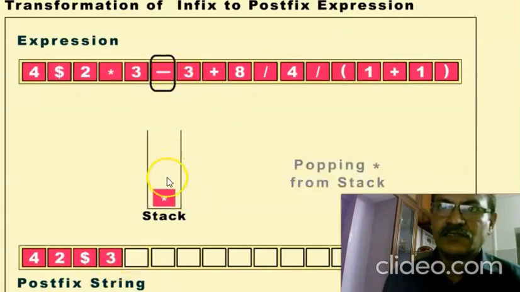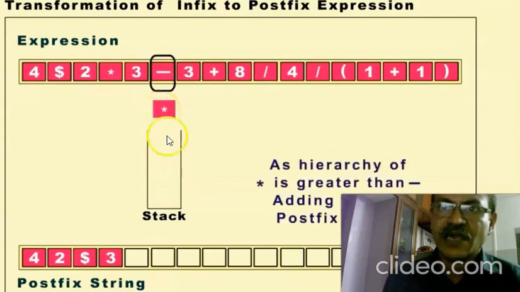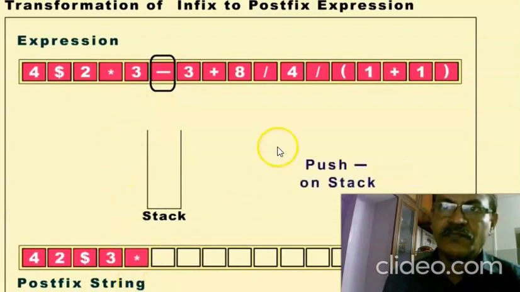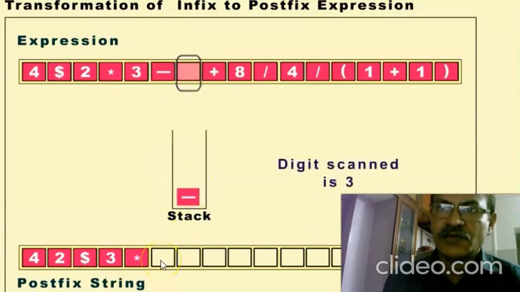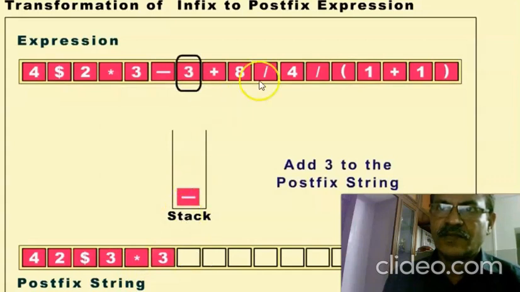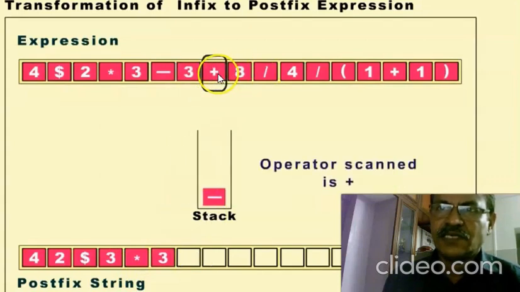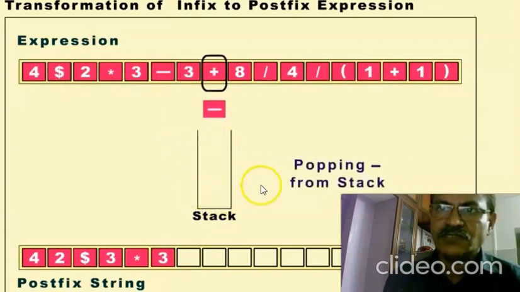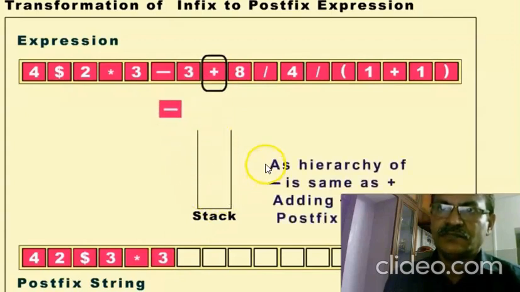Minus should come here, but we should pop out this because this has higher priority. Operand comes here. Plus has an equal priority, so we have to pop out this.